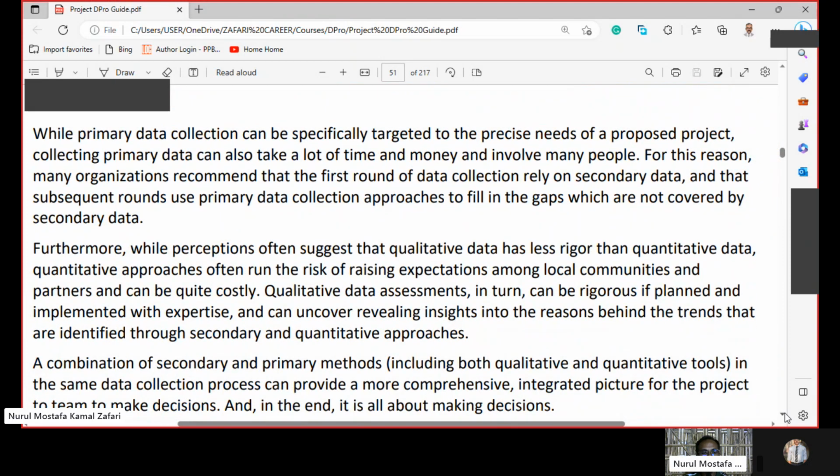While primary data collection can be specifically targeted to the precise needs of a proposed project, collecting primary data can also take a lot of time and money and involve many people.